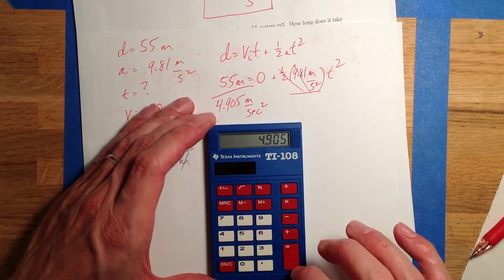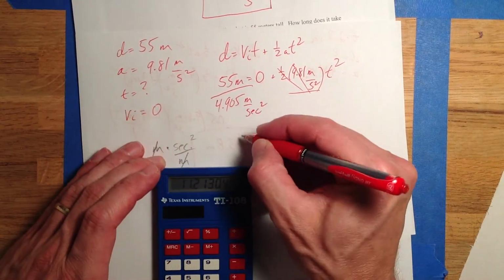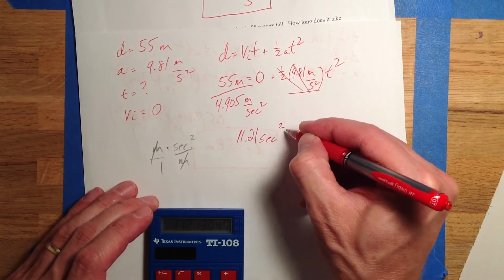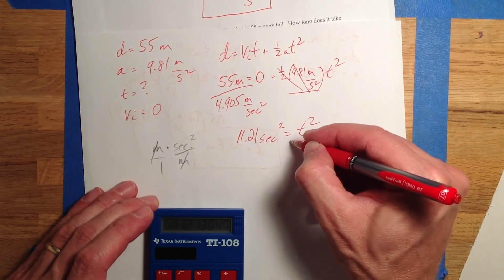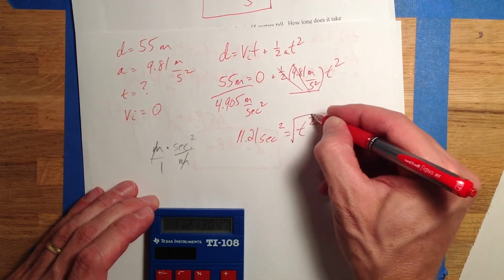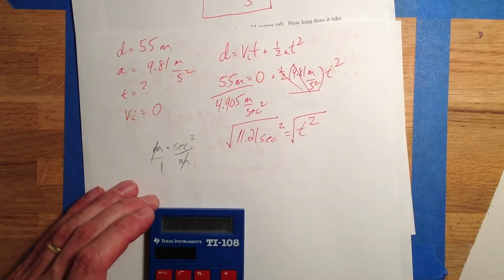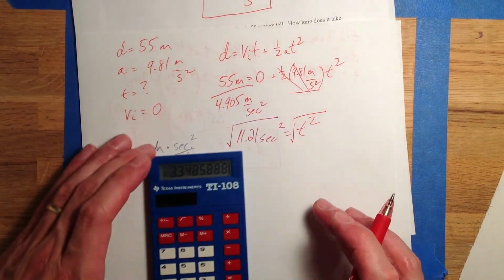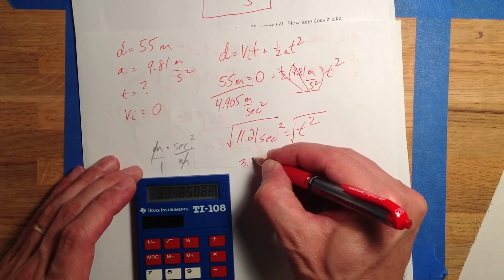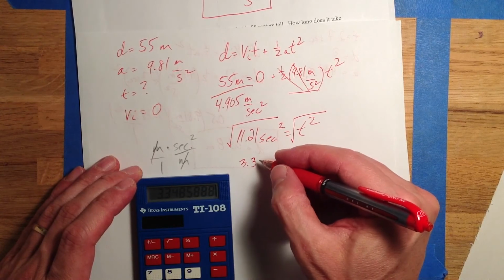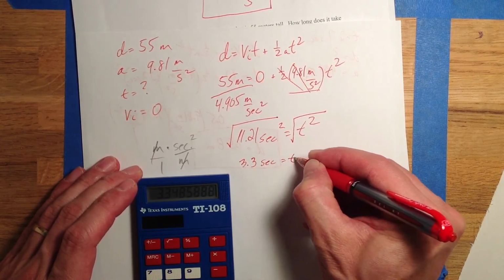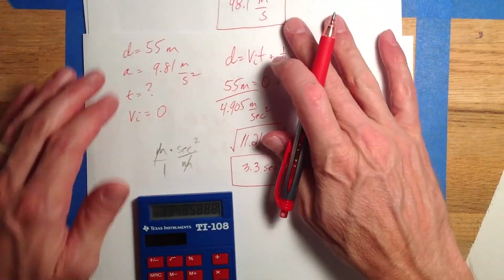Works out. So that's going to be 11.21 seconds squared equals t squared. To get t by itself, I have to do the square root. Square root of 11 is 3.3. The seconds will be squared, so seconds equals t. 3.3 seconds for this one.